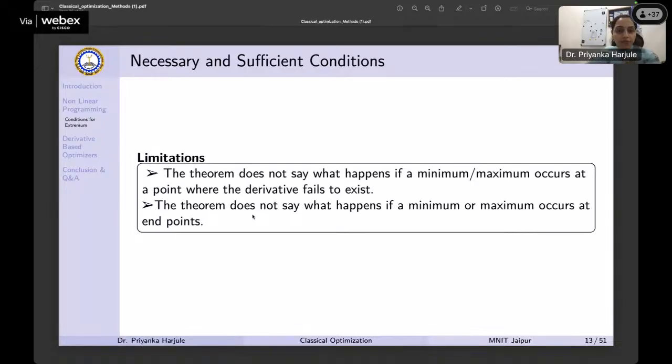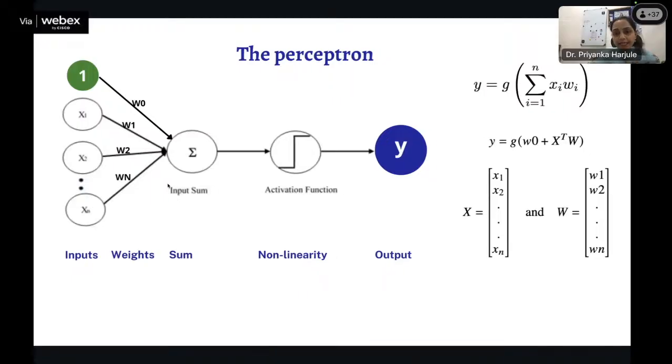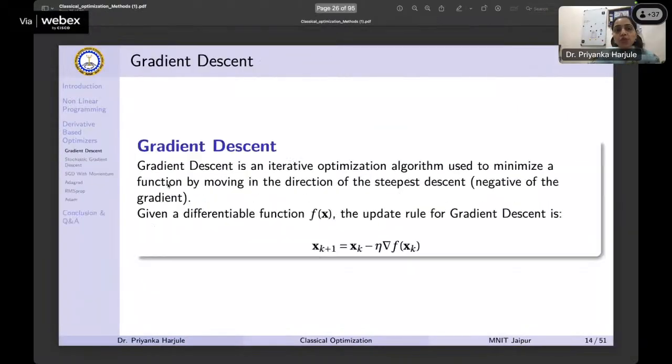Now, in the context of neural networks, you have seen the structure of this neural network in the previous lecture, and you also saw that this network has to be trained for optimum values of the weights. For that you saw that the process has to be iterative. So we adopt two iterative optimization techniques which make use of derivatives.